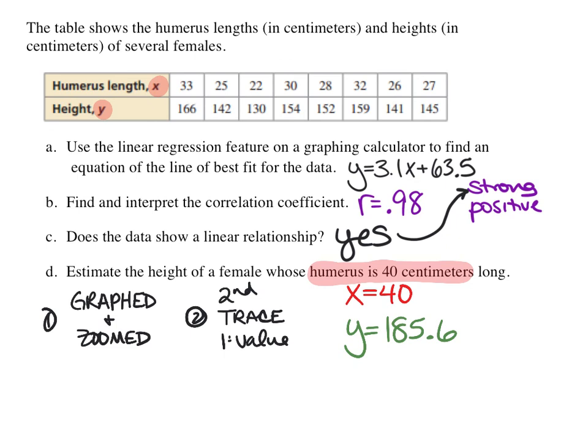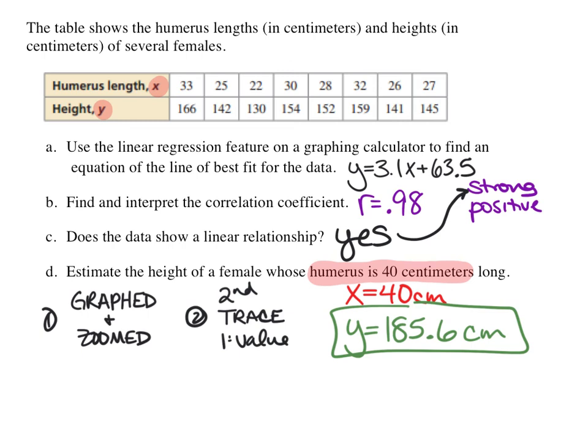That's like a coordinate, 40, 185.6. So we're saying that the output is 185.6, meaning if the humerus is 40 centimeters long, that person is probably 185.6 centimeters tall. This is the same thing you did on Desmos, just with the steps for the calculator.